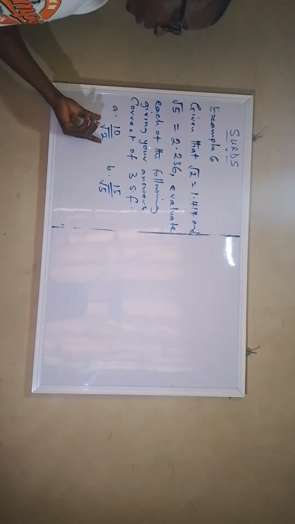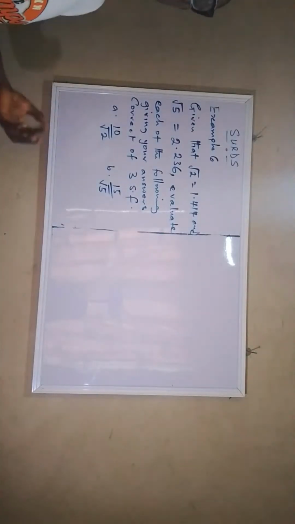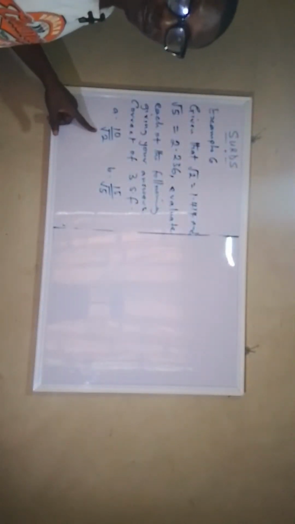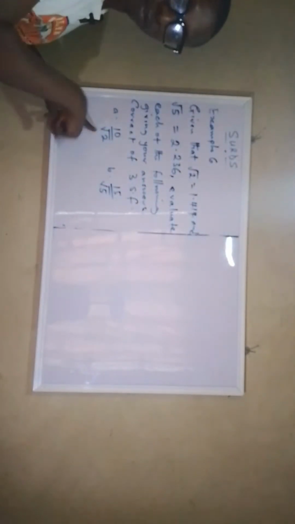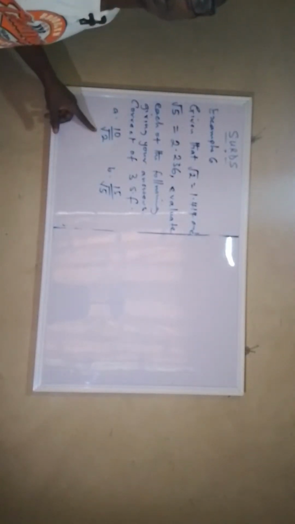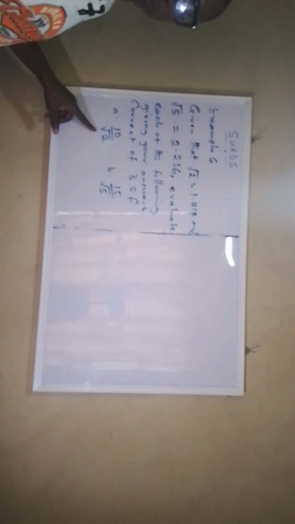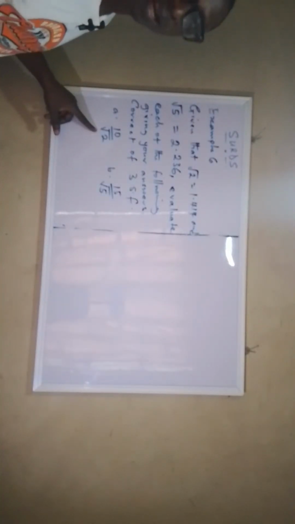What do we mean by rationalizing? You turn the irrational number to a rational number, because this is a surd now. So the denominator here, we are going to turn it to a rational number. The denominator is not going to be irrational again, it's going to be a rational number. That's the meaning of rationalizing. So we are going to rationalize the denominator.